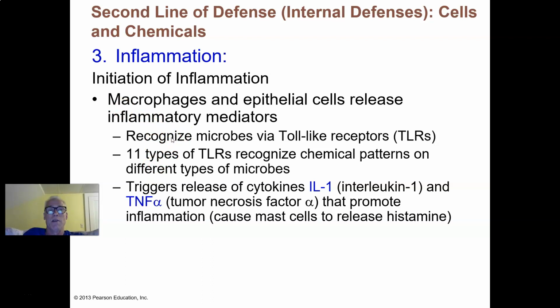Macrophages, or dendritic cells, recognize microbes with their toll-like receptors, and they have all these different ones to make sure that they don't miss anything out there, or not very often. They phagocytize the foreign agent, and that activates the cells. They release interleukin-1 and tumor necrosis factor alpha. These are two of the most important inflammatory mediators in your body.